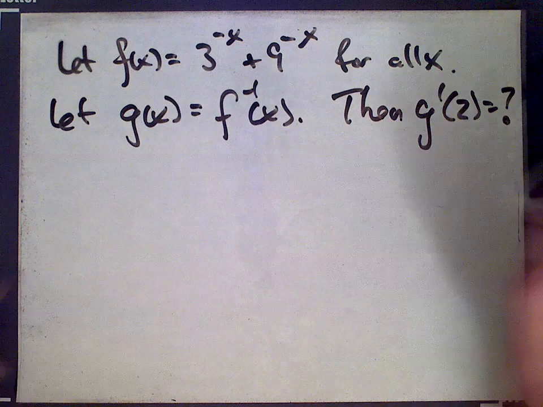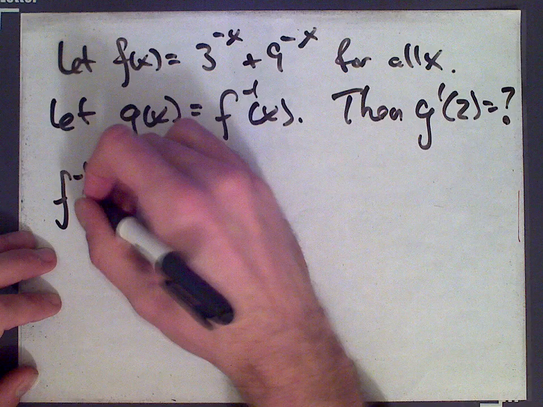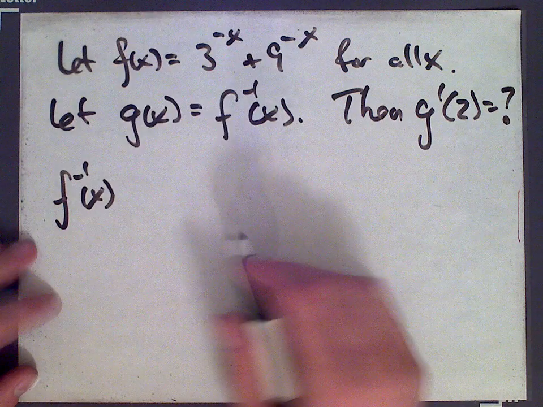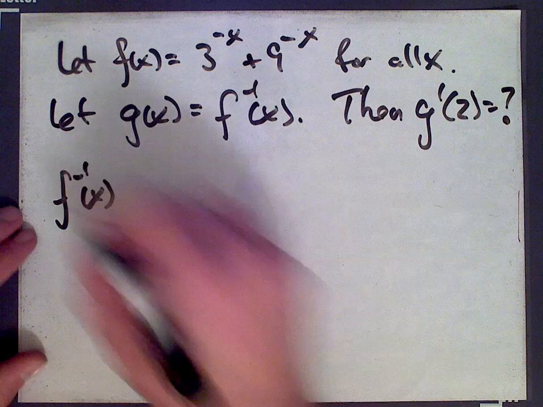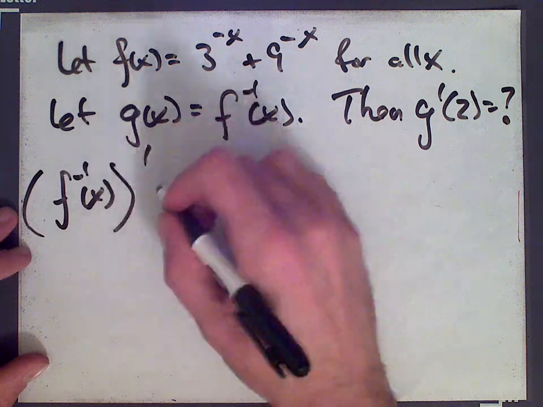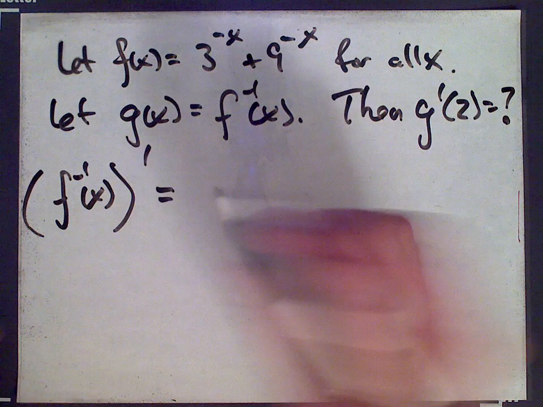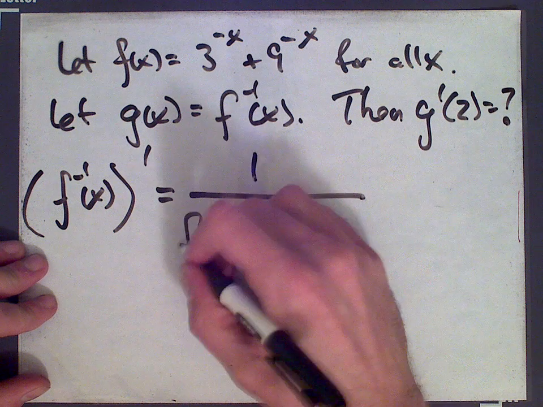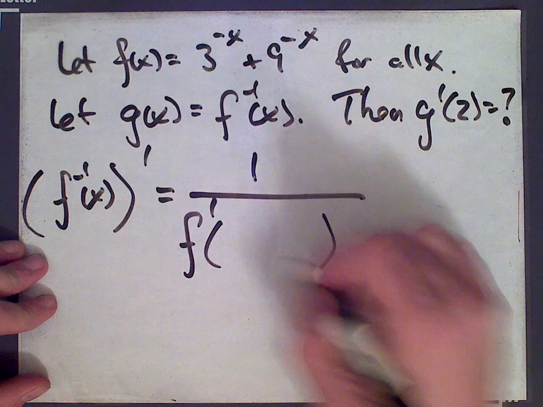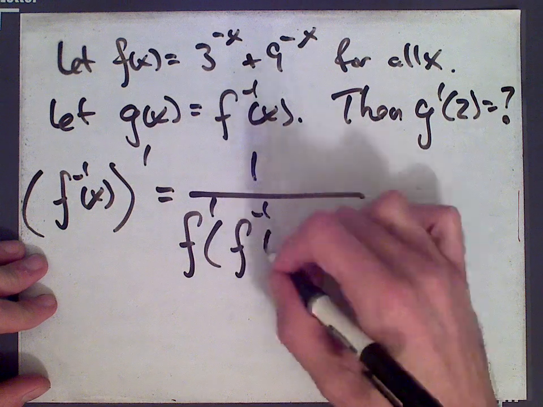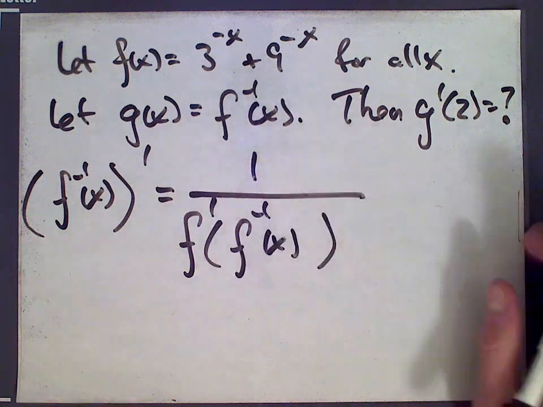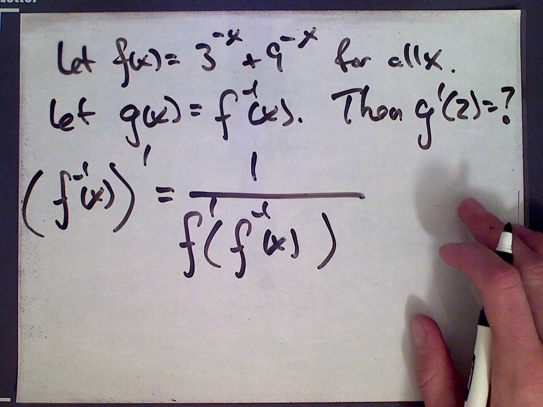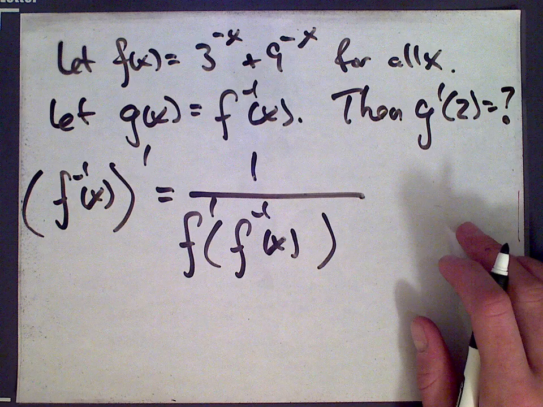Okay, so we need the derivative of the inverse of f. Knowing the formula for the derivative of the inverse, you take the derivative of f and plug in the inverse function at the given point. So that's the formula.